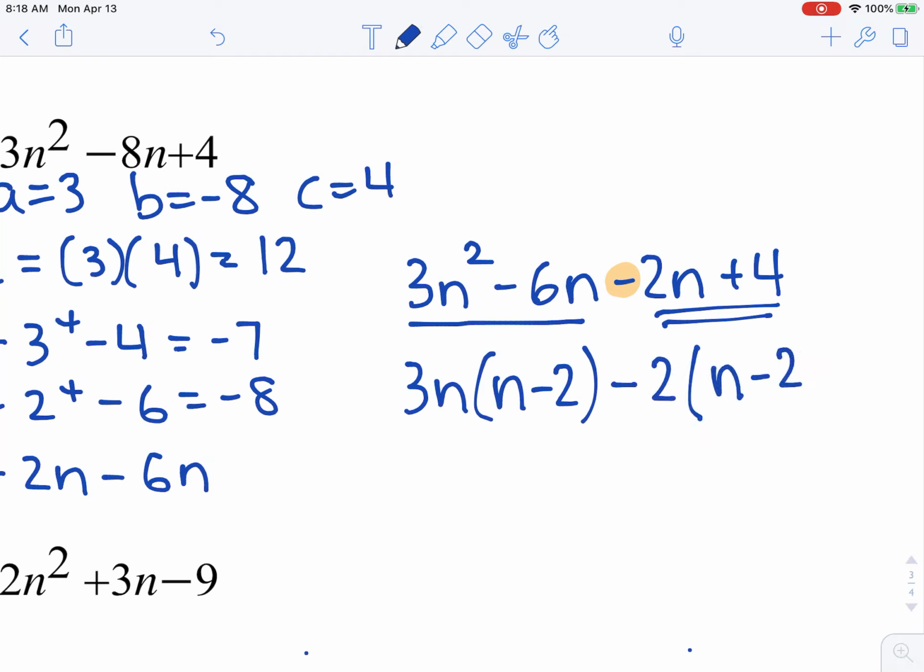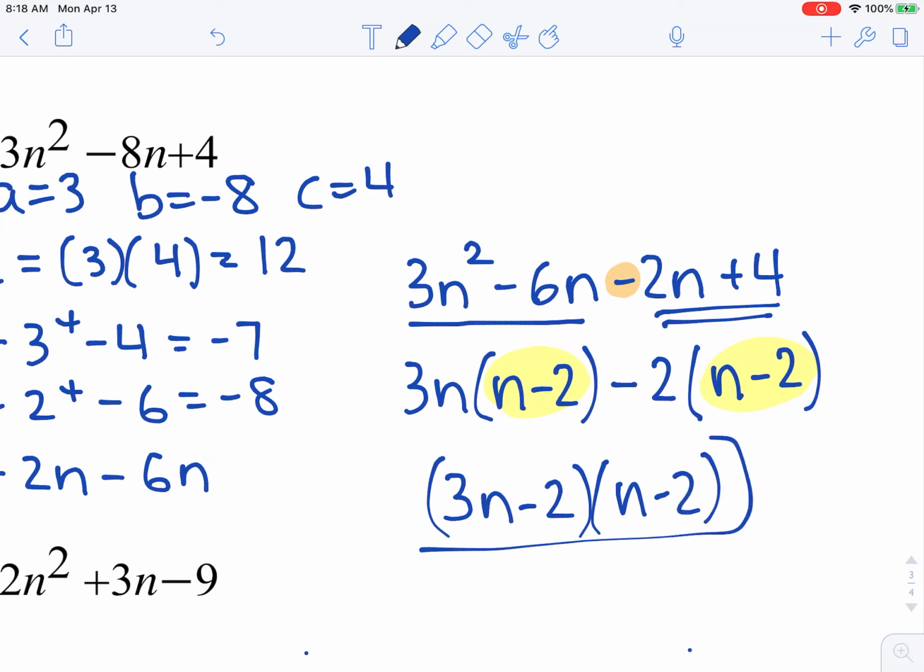And then I have the same. The goal is to make sure that those two factors are exactly the same. Then we get 3n minus 2 and minus 2.